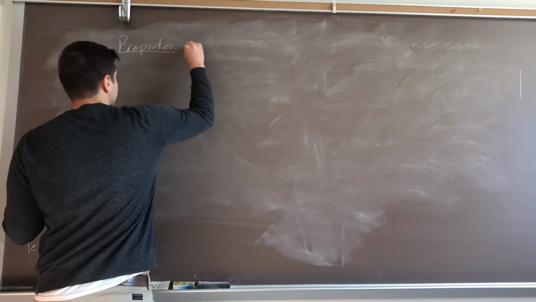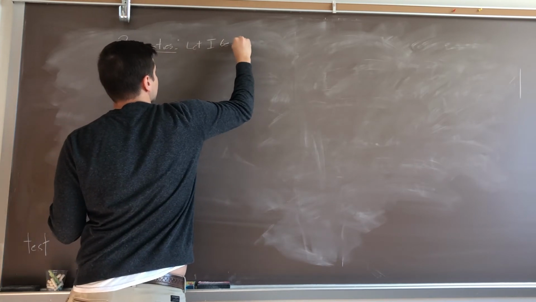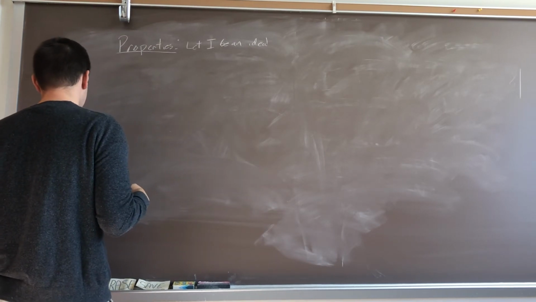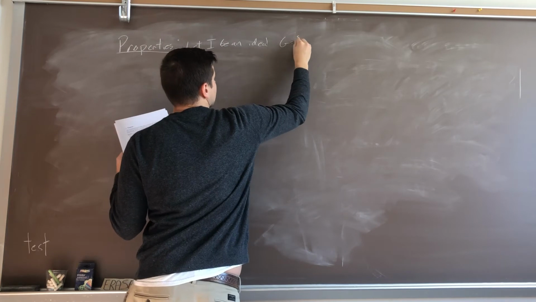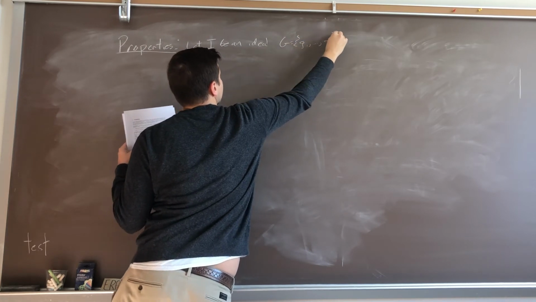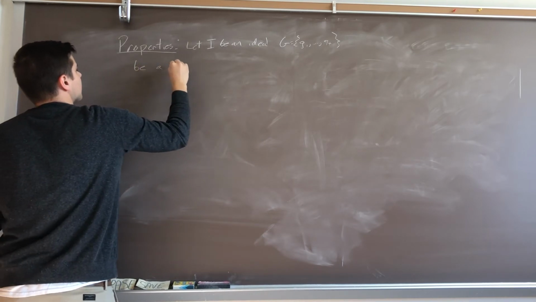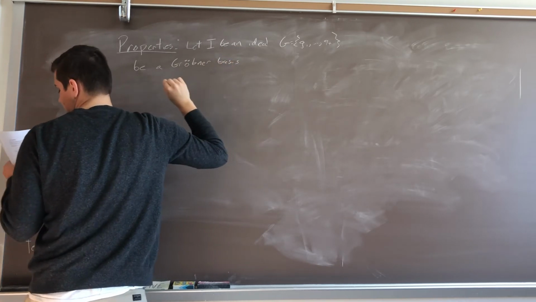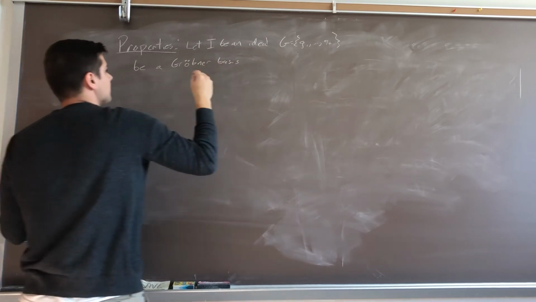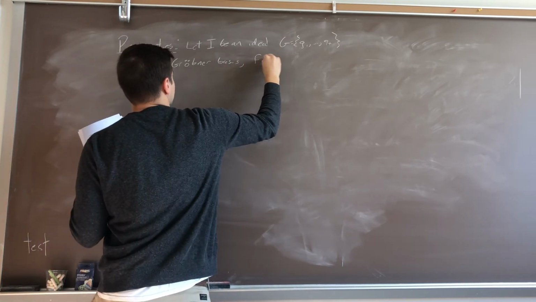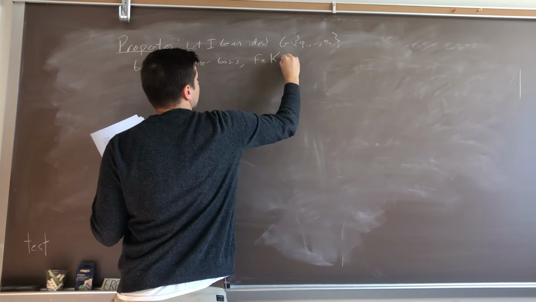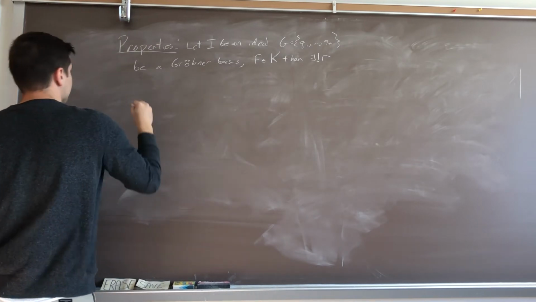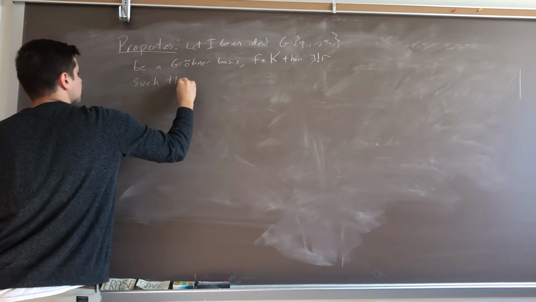So if we let I be an ideal, and let G be a Gröbner basis, then for any F in K there exists a unique R satisfying the 2 following properties.